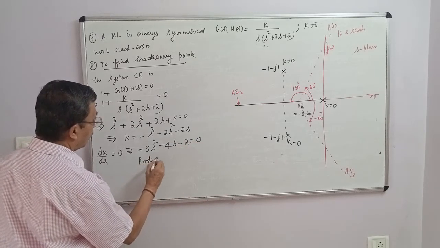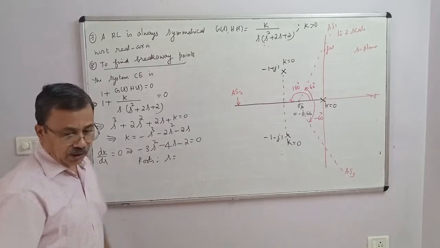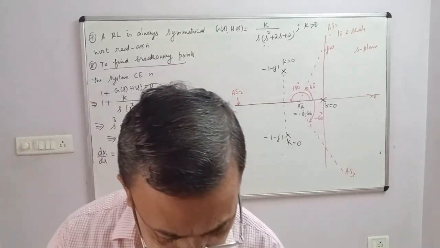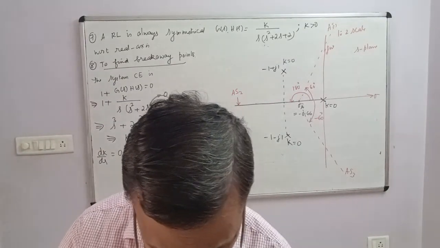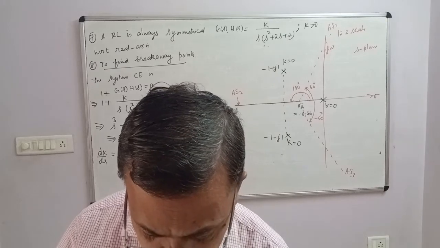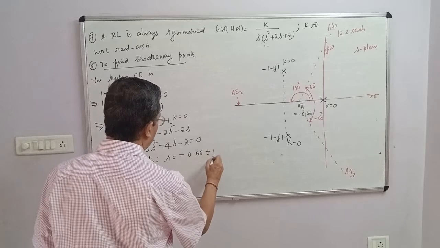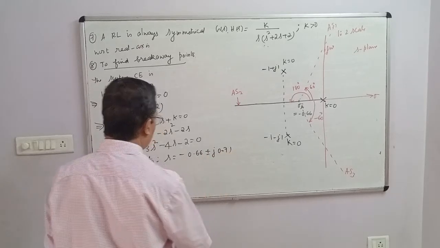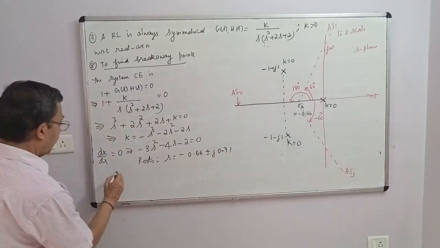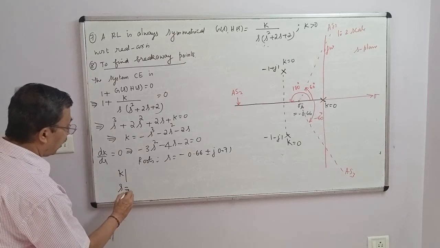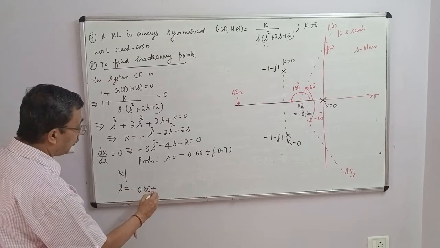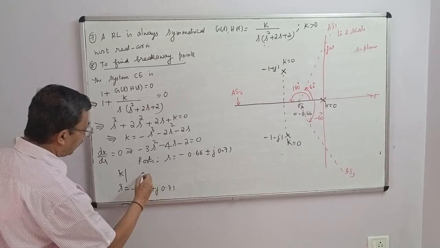What are the roots of this equation? Roots of this equation are s equal to minus 0.66 plus or minus j0.7, complex roots. So let me calculate the value of k at s equal to minus 0.66 plus j0.71.